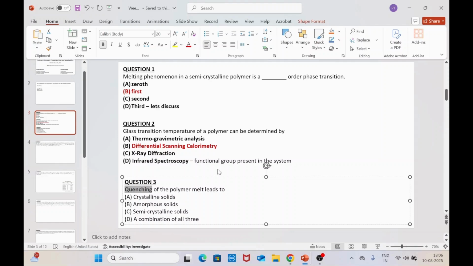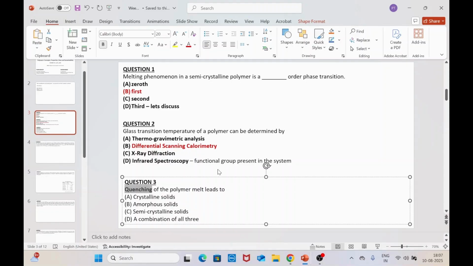That is what quenching is. Quenching is more of a metallurgy term; they tend to use the words quenching and annealing more often in metallurgy and material science. So quenching means sudden cooling, not gradual but abrupt.